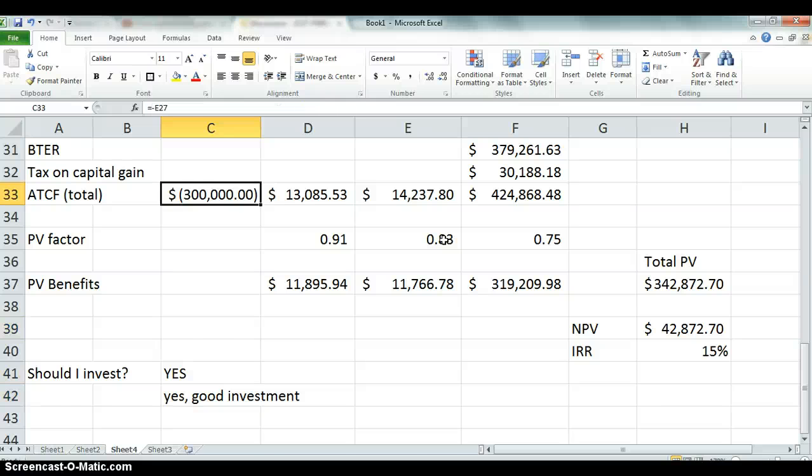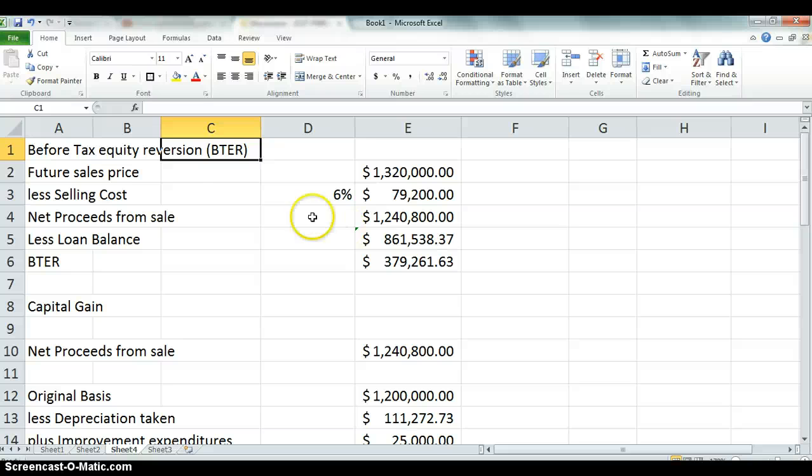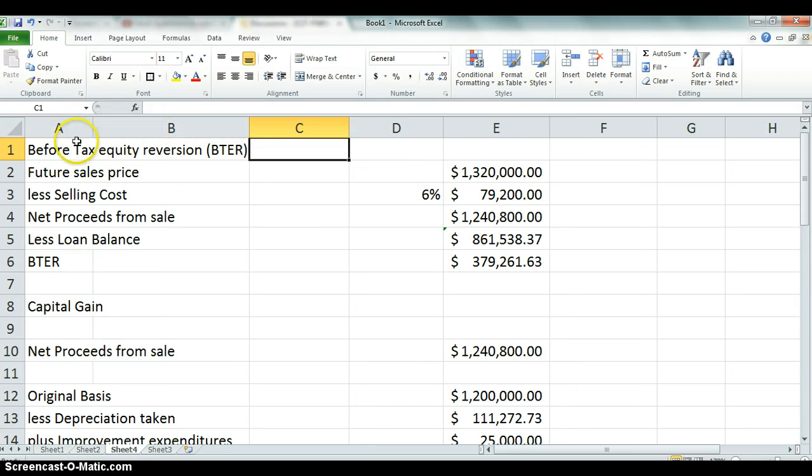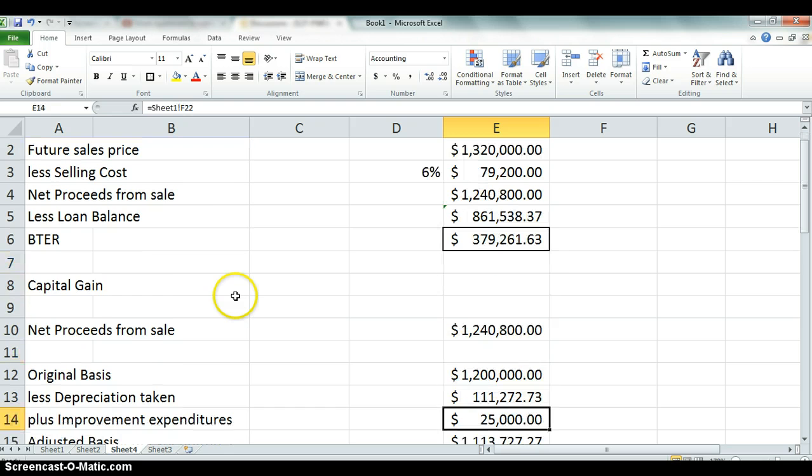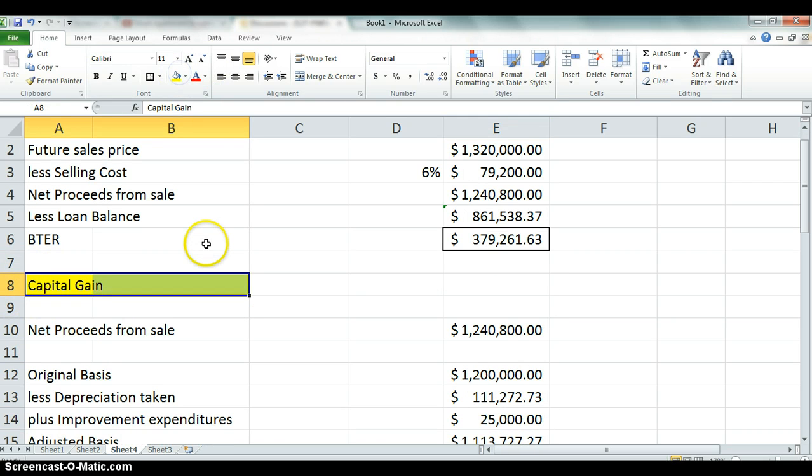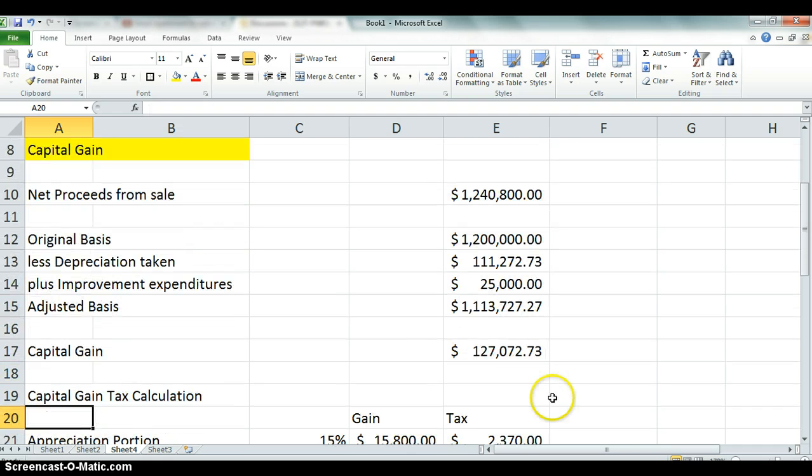Now in this last couple of minutes, we're just going to go ahead and format our Excel sheet. We can change colors, we can mark the most important answers we have gotten, and just make it more presentable.